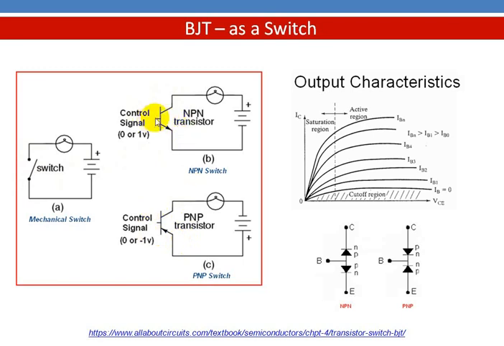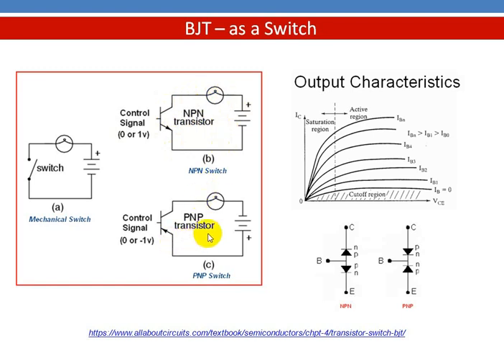By applying a control signal, we can turn the transistor on and off. When you apply a low signal, the NPN transistor will be in the off state. When you apply a high signal, the transistor will be fully turned on, operating in the saturation region. So the current will flow in the circuit and the lamp will glow.